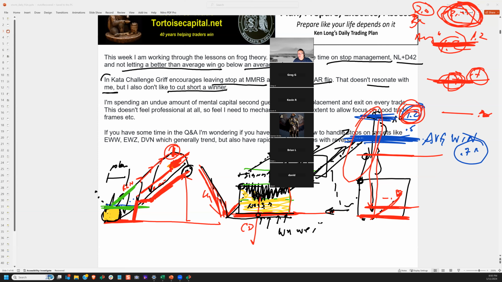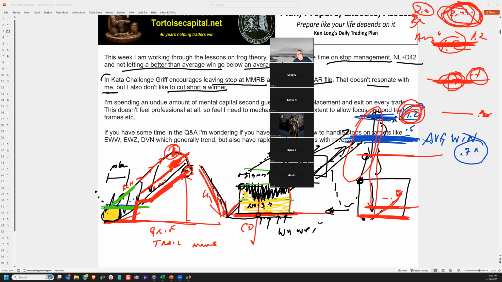So what could you do? You could use Griff's idea of just leave it, and then when you get the PSAR flip, just exit. That's the simplest. Let's call that the Griff exit. You could just trail the MMRB.